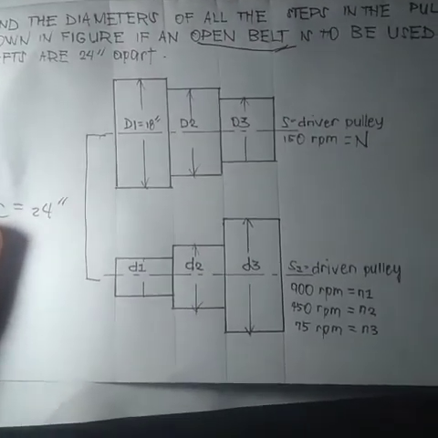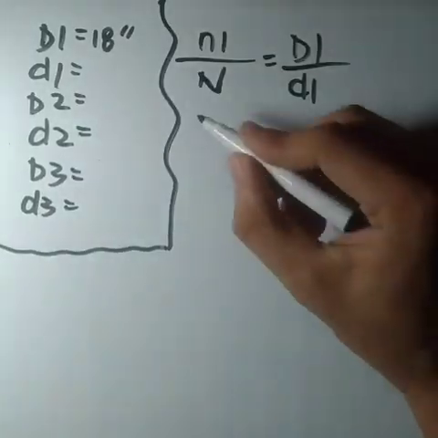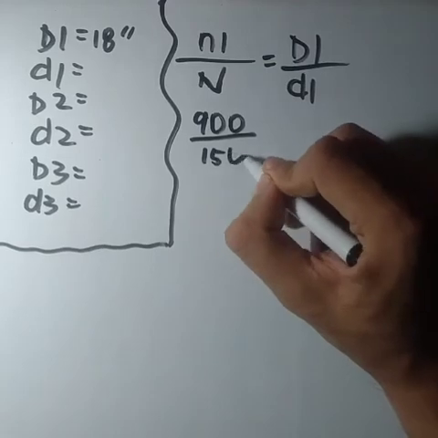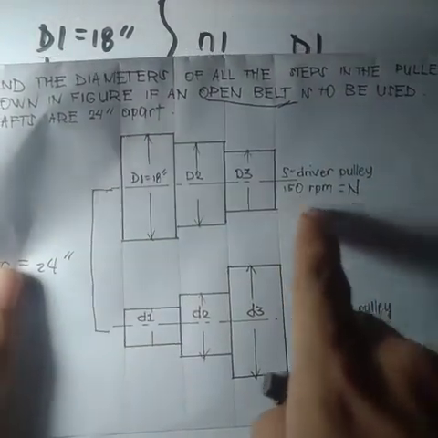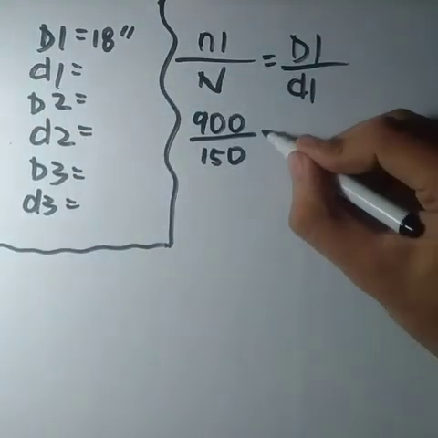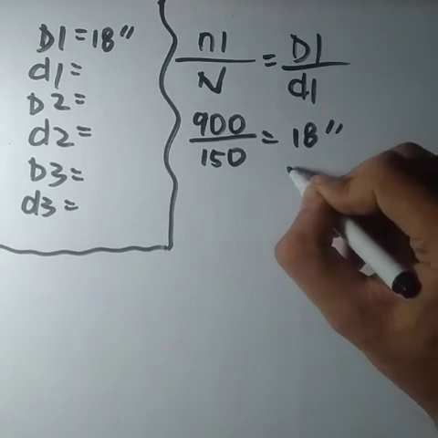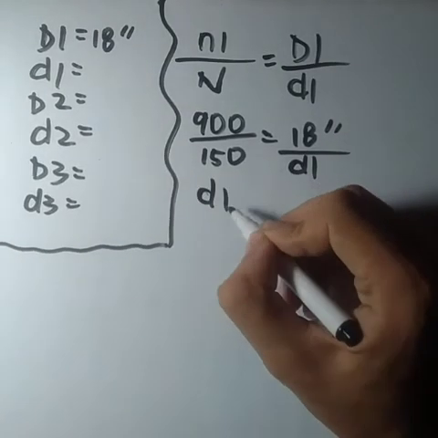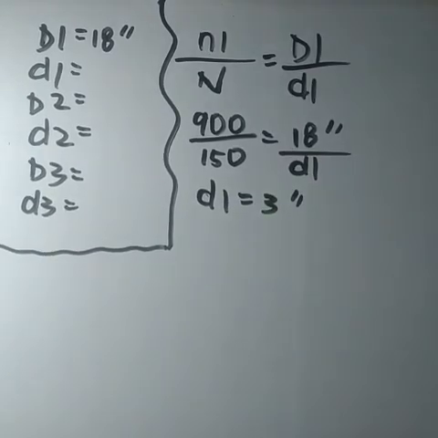So, from this data, we will substitute and we will get 900 RPM over 150 RPM from the constant speed from the driver pulley is equivalent to 18 inches over D1. Okay, by shift solve, we can get 3 inches as our D1.